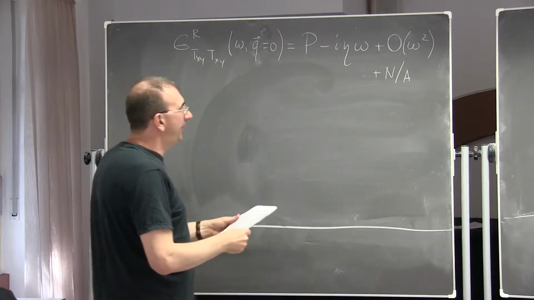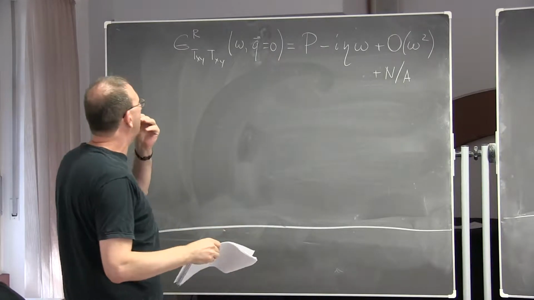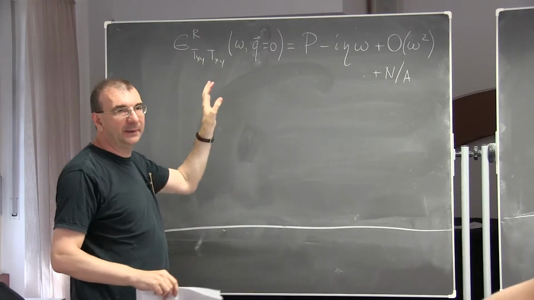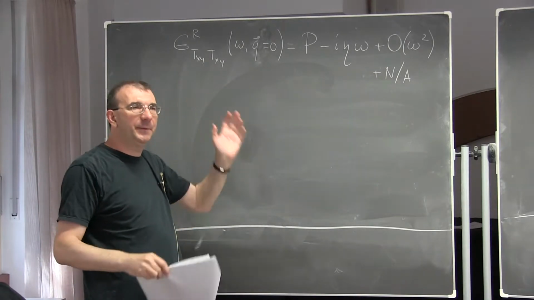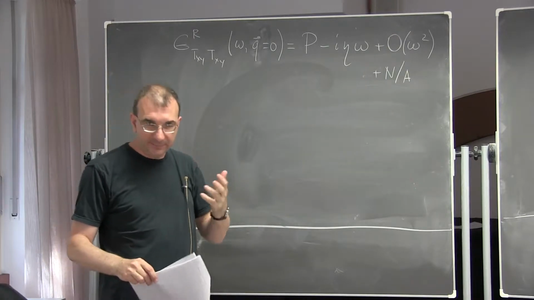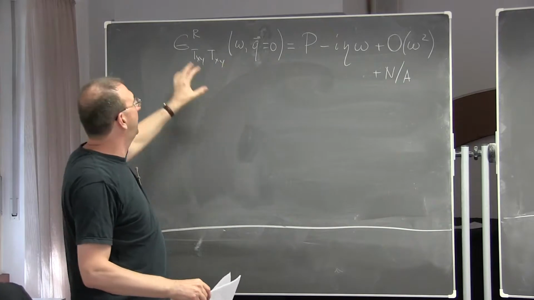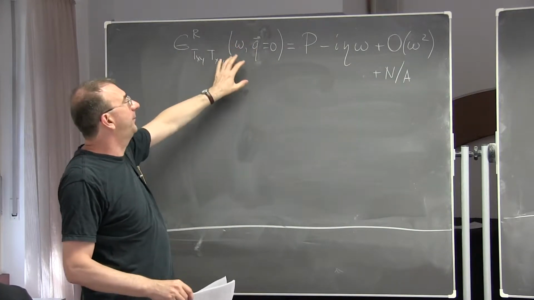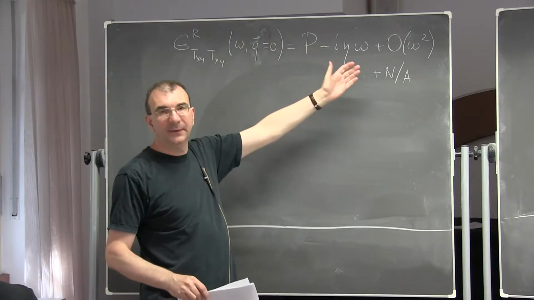And this formula tells you that if you have some means to compute the left-hand side, maybe via kinetic theory or some perturbation theory or some other means, in a QFT of your interest, in QCD, for example, then all you have to do is to take this expression, expand this for small omega, and compare with the right-hand side.